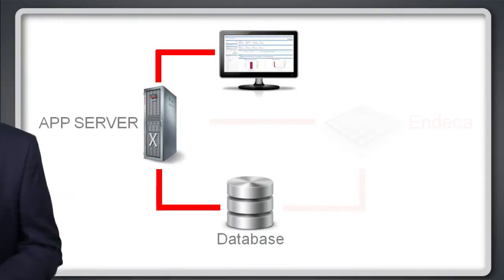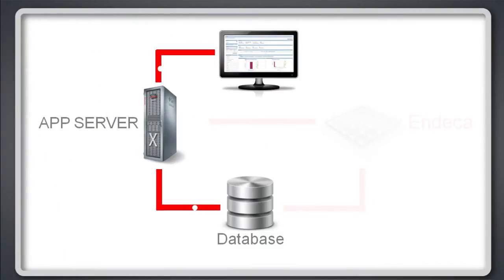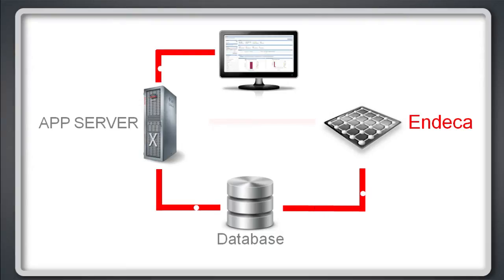So we will talk about the architecture of the extension for E-Business Suite. This is a typical E-Business Suite: the user sits in front of the computer and connects to the application server, and that application server is feeding data from the EBS database. What we noted here is that we introduce an EBS Endeca tier within the technical architecture of E-Business Suite.